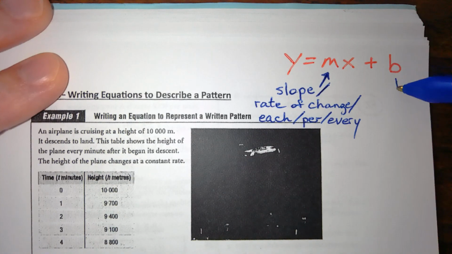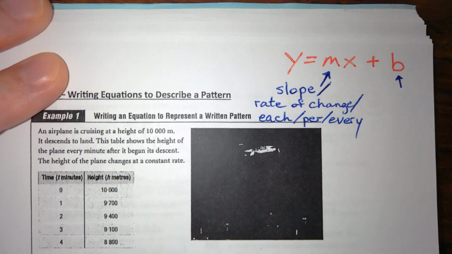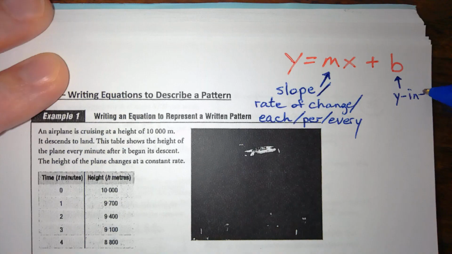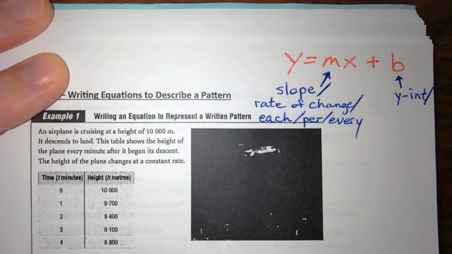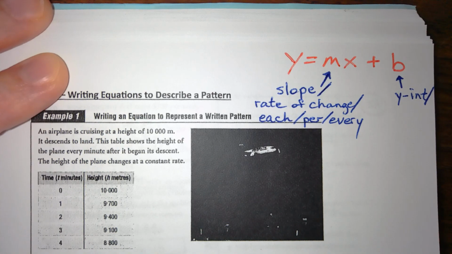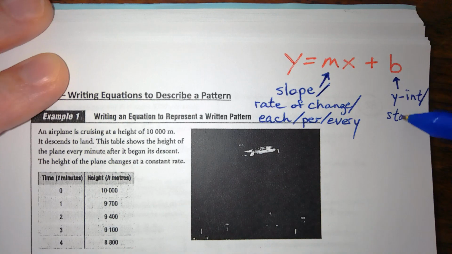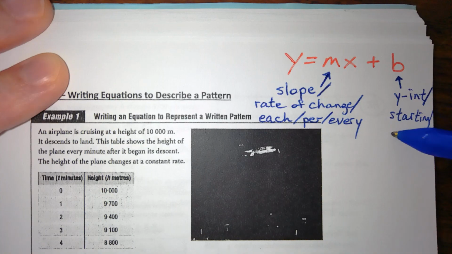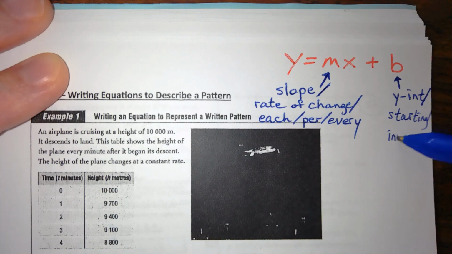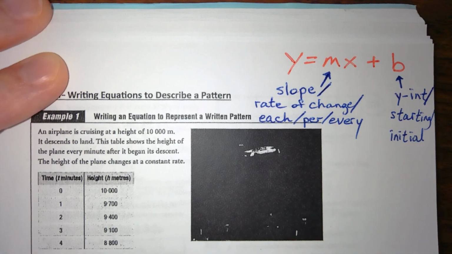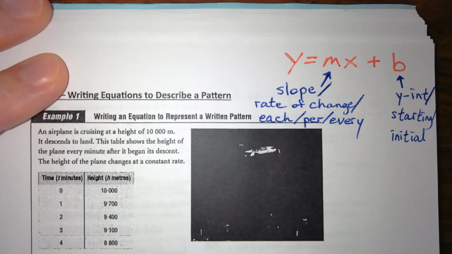What about b? What does b represent? Wow, good job. In a graph, that's your y-intercept. But what about in word problems? In word problems, what does the b stand for? Okay, is this starting value, or the initial fee, initial cost, initial something.